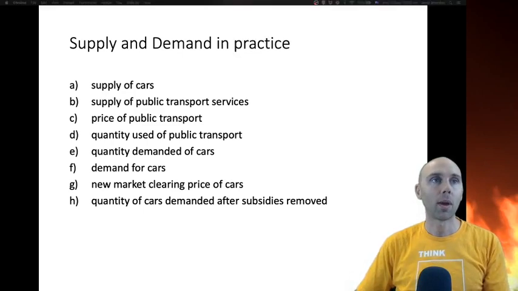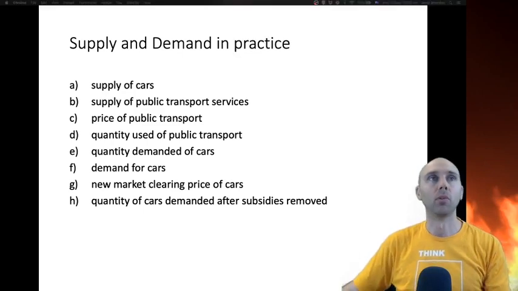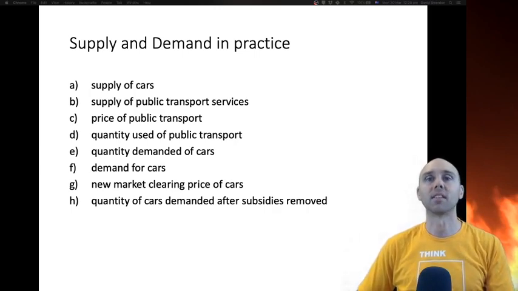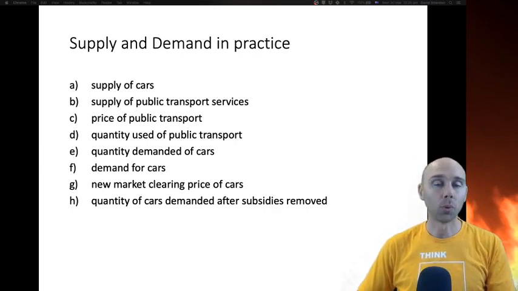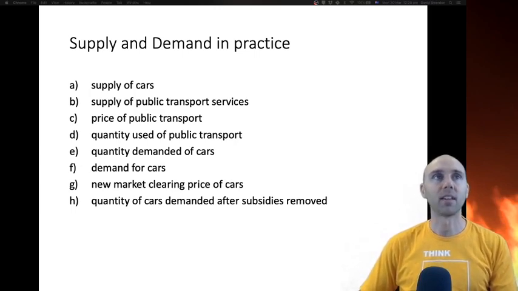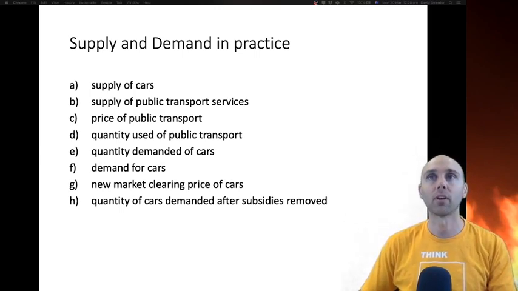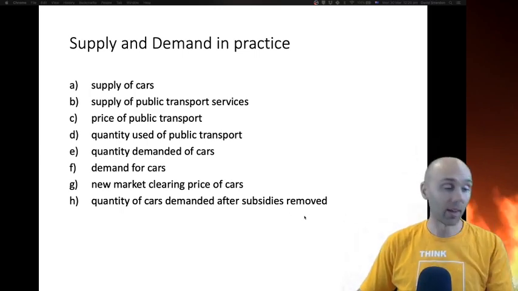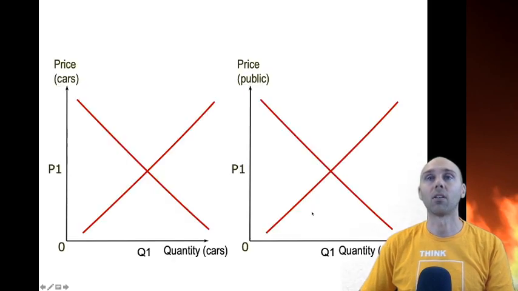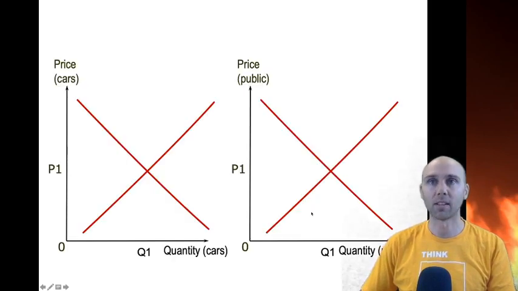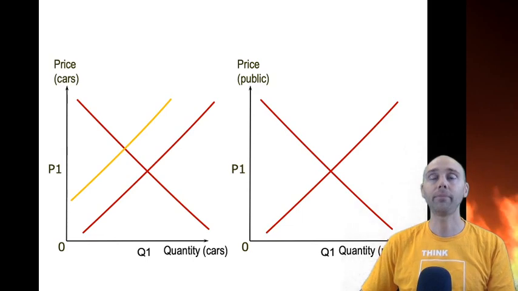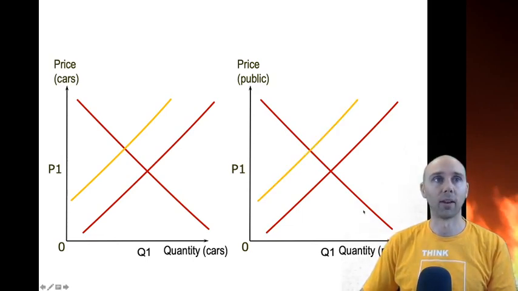Okay, so when these subsidies are removed, essentially what's happened is an increase in the input costs for the suppliers. And we know that an increase in the input costs is going to shift the supply curve to the left. So if we take our curves, what we would expect is the supply curve for cars to shift to the left and the supply curve for public transport to shift to the left as well.